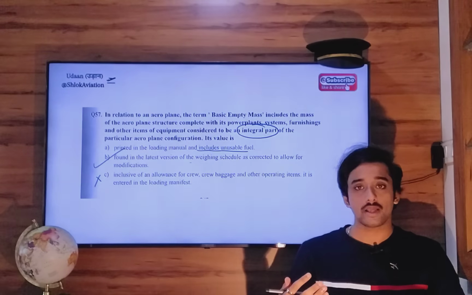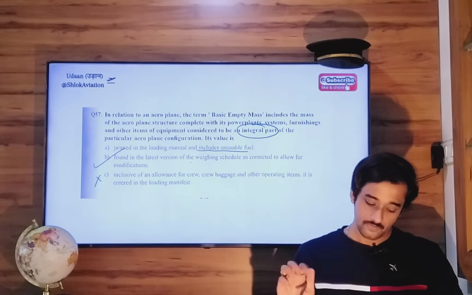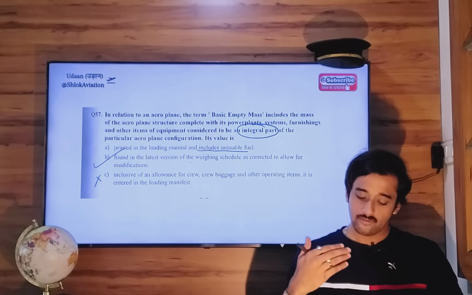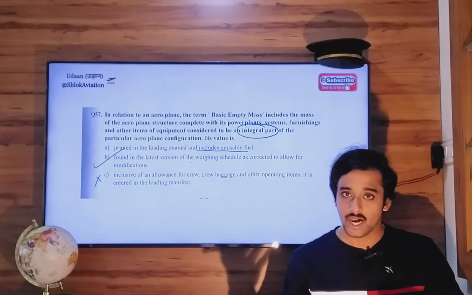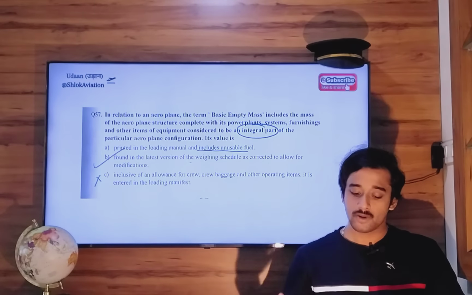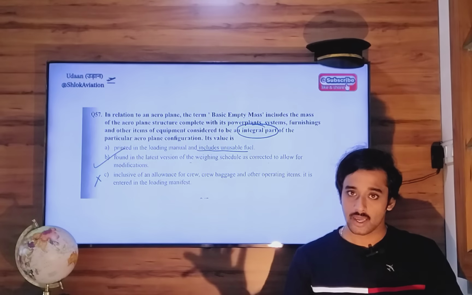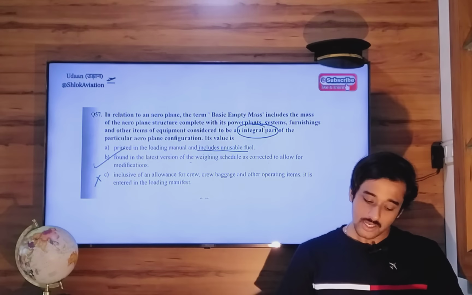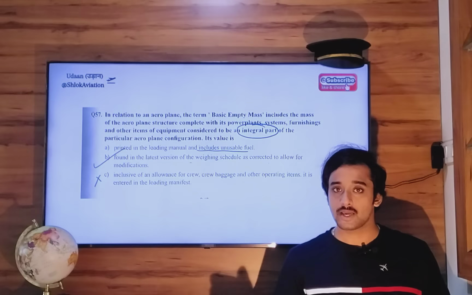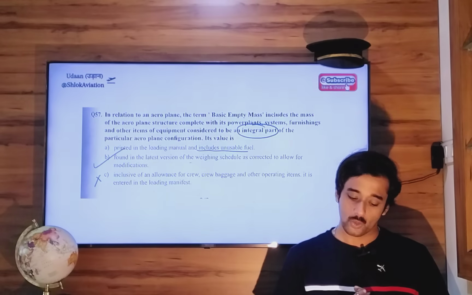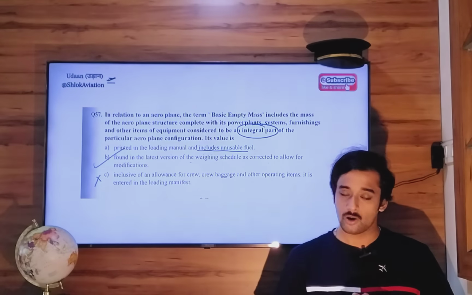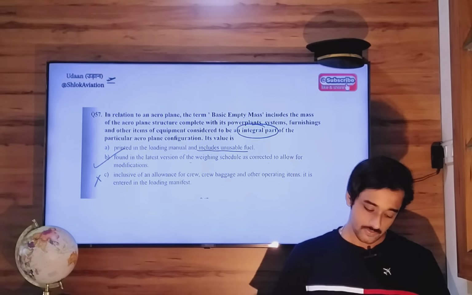It's the more proper one compared to Alpha. Whenever there are modifications made in your aircraft, you need to update the basic empty mass again and again. So you will find the latest basic empty mass in the latest version of the weighing schedule as corrected to allow for modifications. Next.